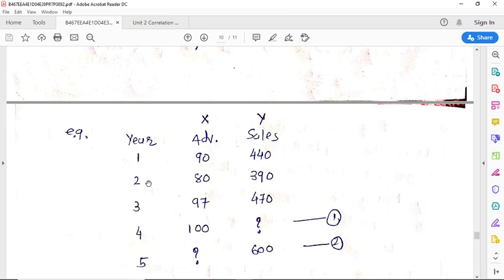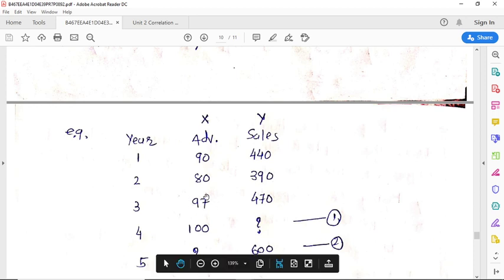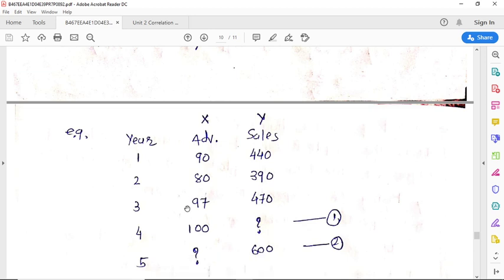And then in the second year they spent 80 lakhs in advertisement of this product, and that year the sale of the product is 390,000. And in the third year they spent 97 lakh on advertisement of the product, and that year the sales of this product is 470,000.